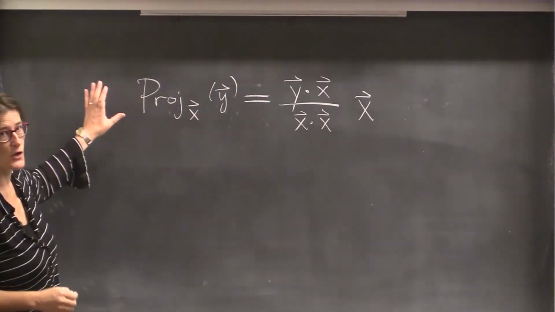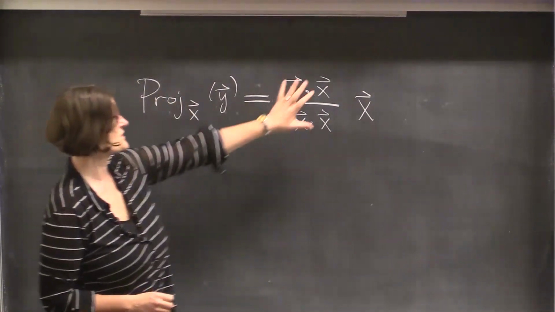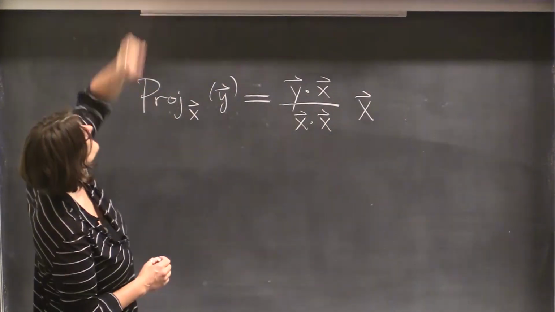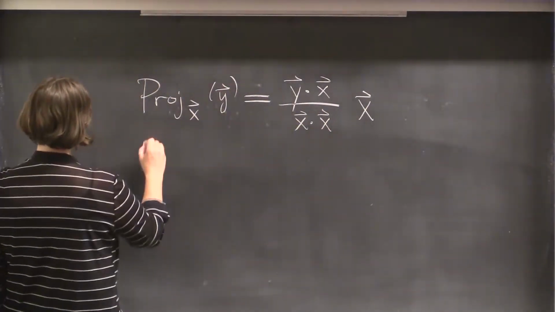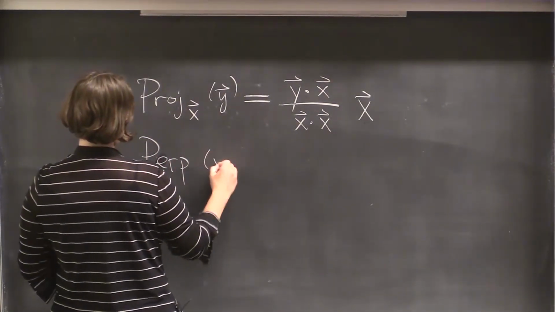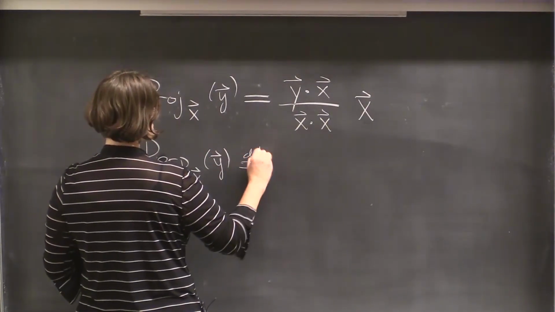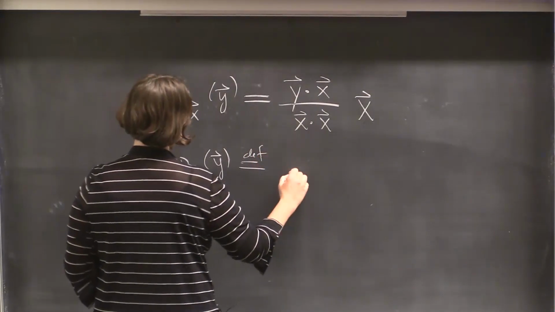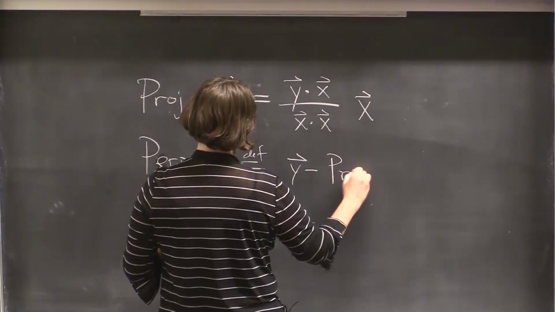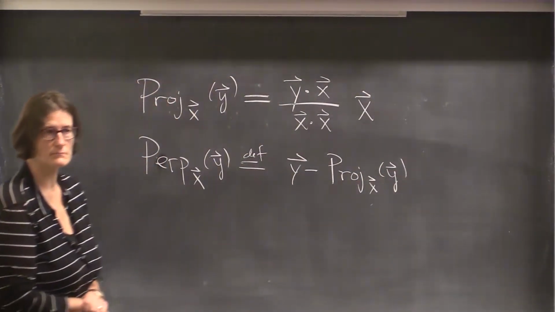So for sure, this is collinear with the vector x, because it is some number times the vector x, just like in the picture. Once you have this, you define the projection of y perpendicular to x. This is simply, by definition, y minus the projection of y onto x. Okay.